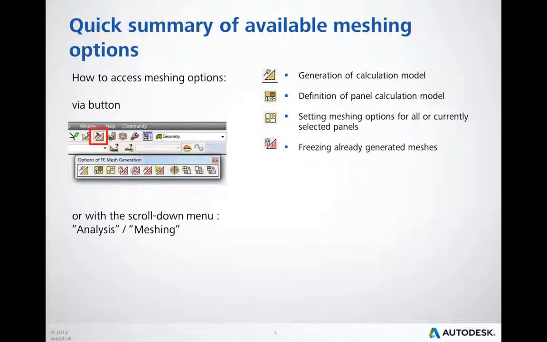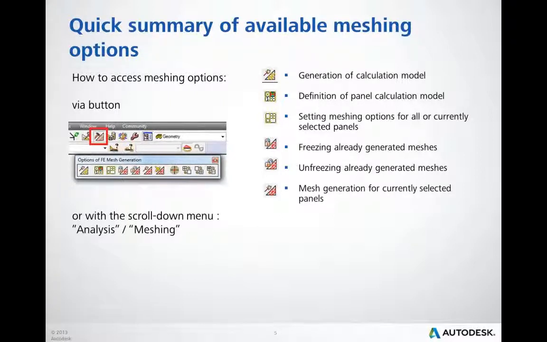Freezing meshes is the option that allows you to freeze the panels that you already generated the final mesh for so that they are not adjusted during model generation. When you decide that you need to change meshes for such panels, mind to unfreeze the meshes first.